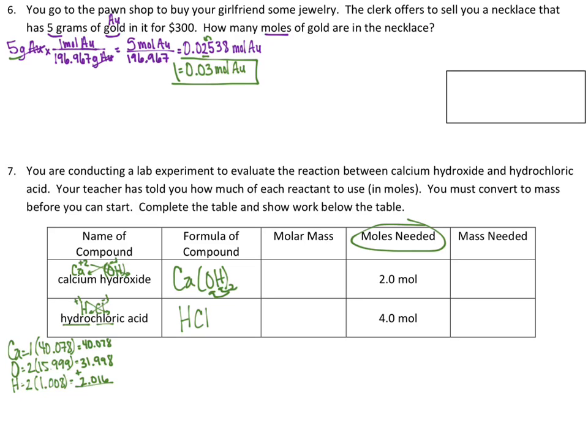And it equals 74.092. Again, my unit is grams per mole. And I'm talking about calcium hydroxide.